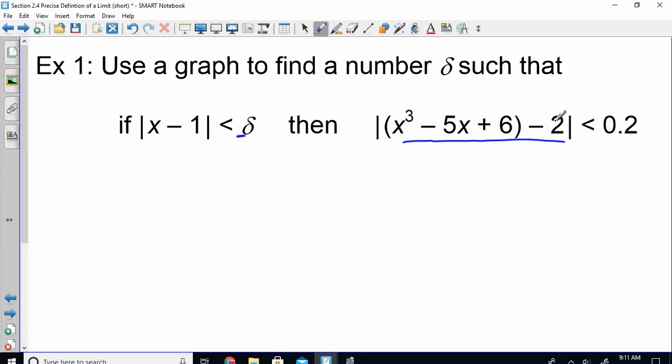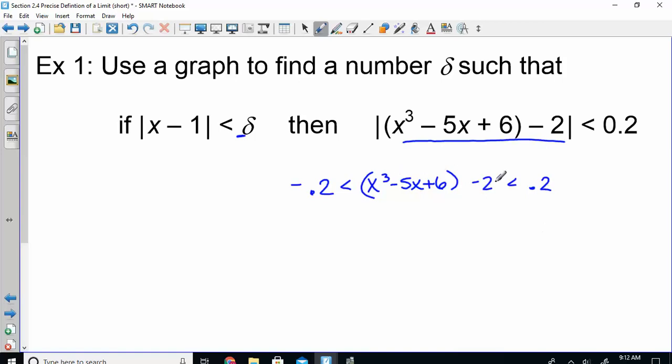If I wanted to write that without the absolute value, that means it falls between a negative 0.2 and a positive 0.2. We did that in Algebra 2 and College Algebra, less than is the same as an and. So if you want to write it without the absolute value, it goes between the negative and the positive.